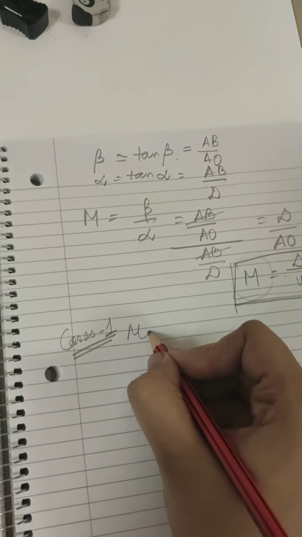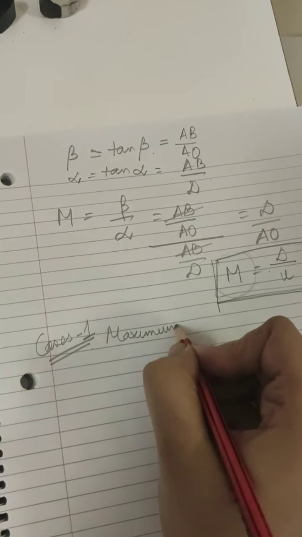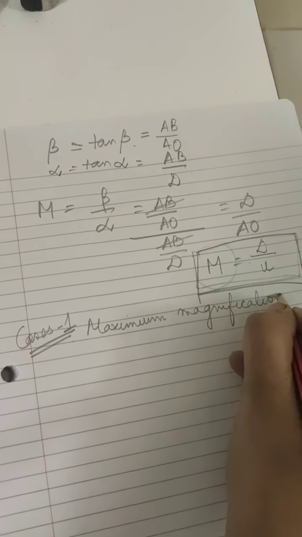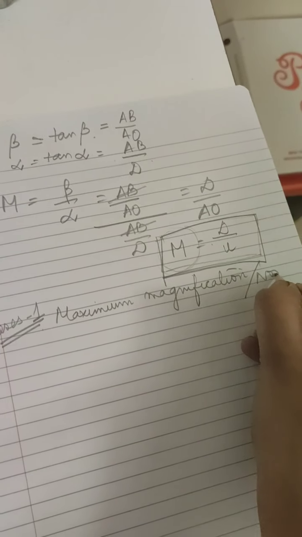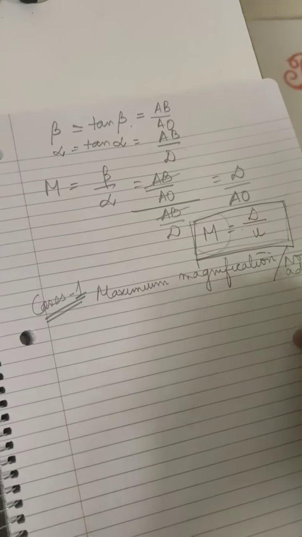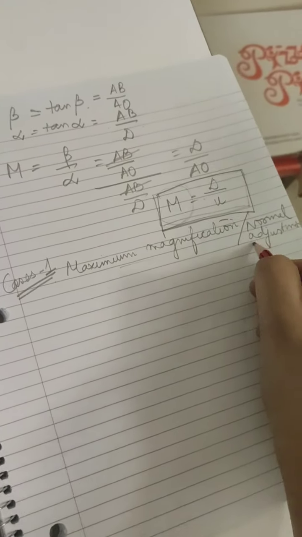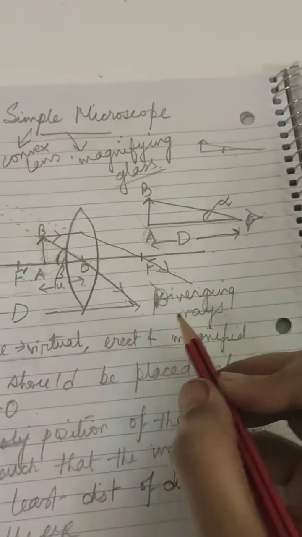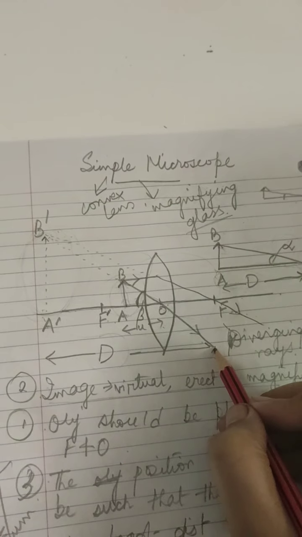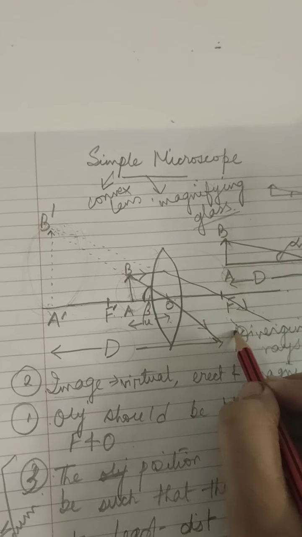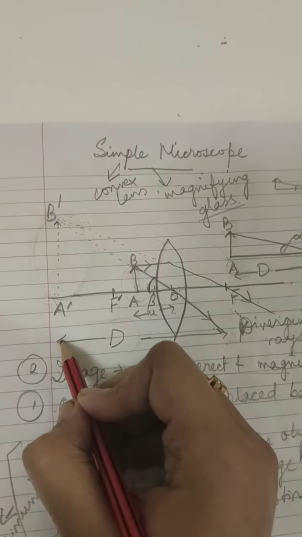So for maximum magnification, or maximum magnifying power, or for normal use, normal adjustment, clear vision, whatever you call it, when it has to be seen distinctly, then the distance of the image from the eye should be at least the distance of distinct vision.